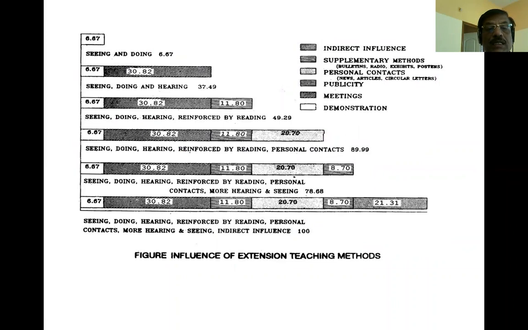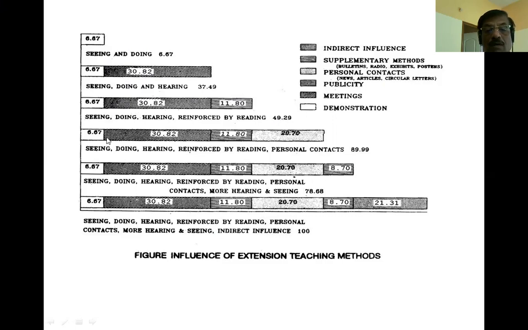Then seeing and hearing, seeing and doing, and seeing, doing and hearing, 49.2.